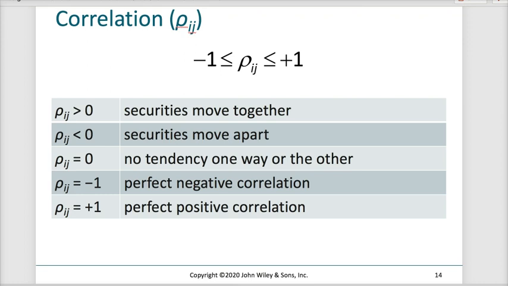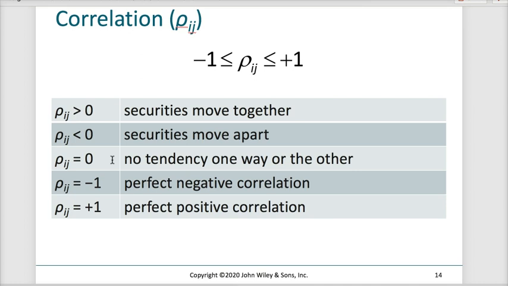If we look at correlation, it's really how two objects move together. A 1 is perfectly positive correlation, think of two people handcuffed together. They're always going to be in the same location. Now, a -1, perfectly negative correlation, would be two people on opposite sides of the world who don't travel, so they're never going to be in the same location at the same time. 0 is no tendency either way.